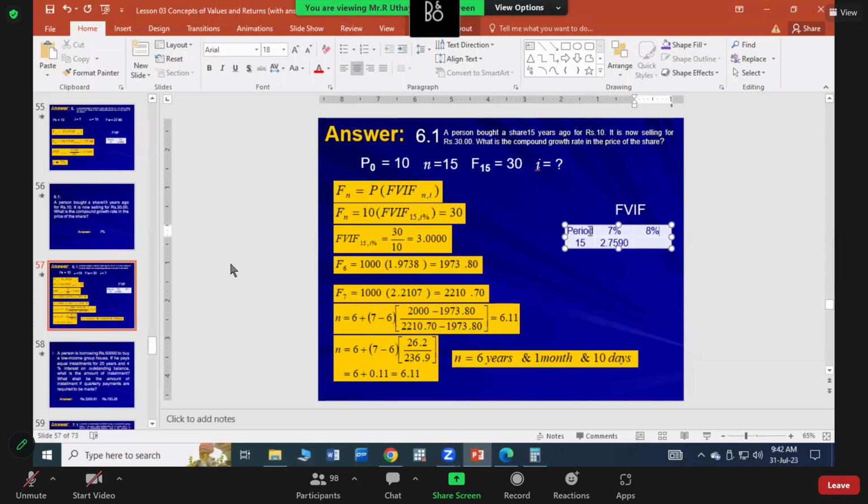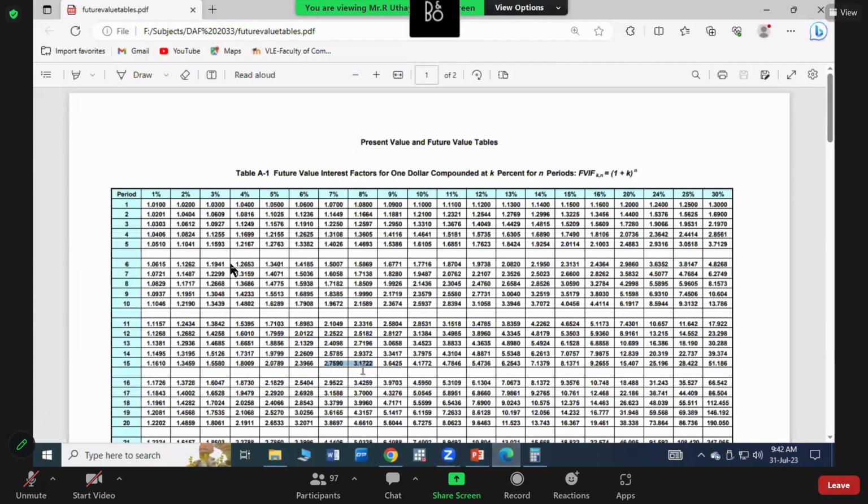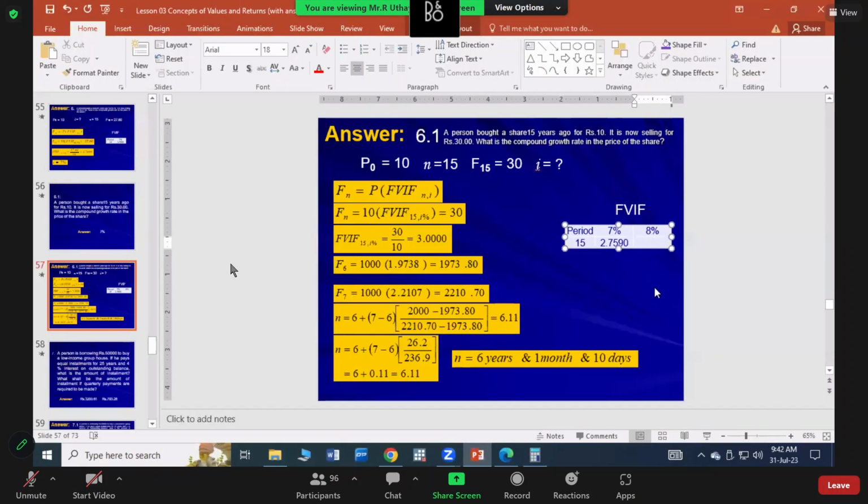At 8%, you can set this, put in the table, 15, 3.1722.